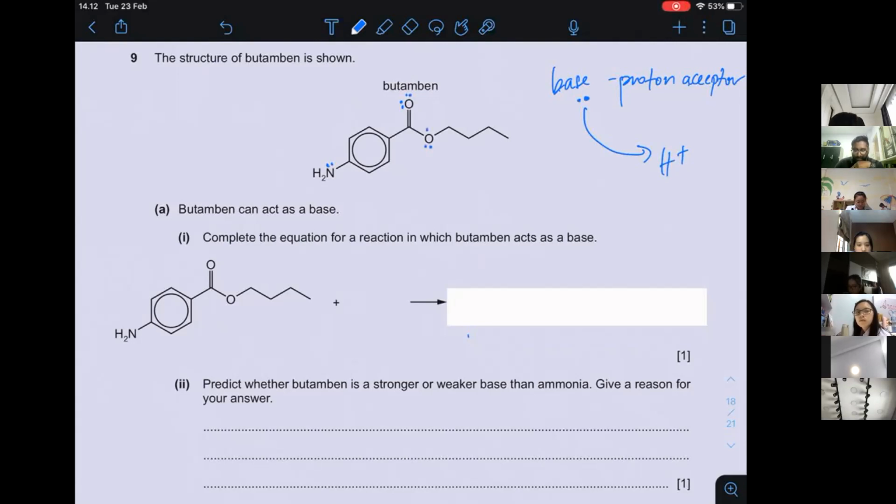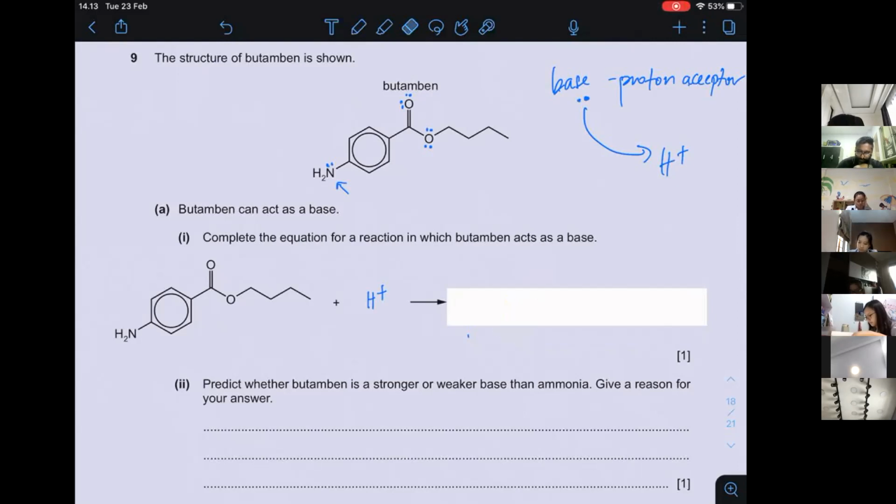Complete the equation for a reaction where butanben acts as a base. In this kind of situation, most of the time I will select this one. It's much easier to show it as a base. So let's say it reacts as a base with H plus, reacting with the proton. So what will happen is, I'm just going to redraw this.